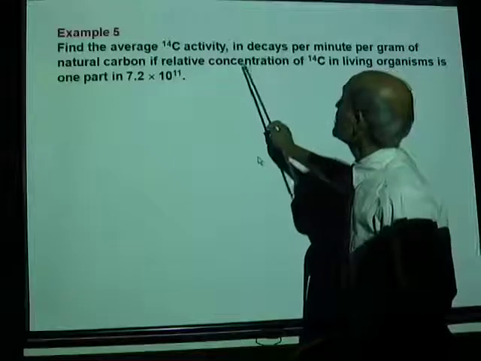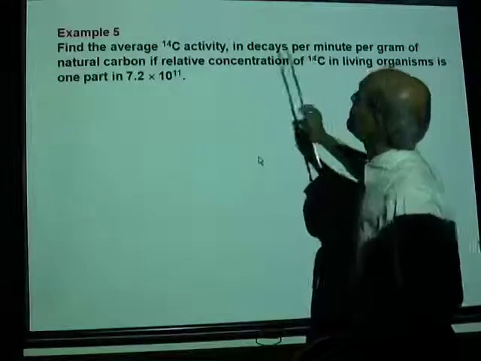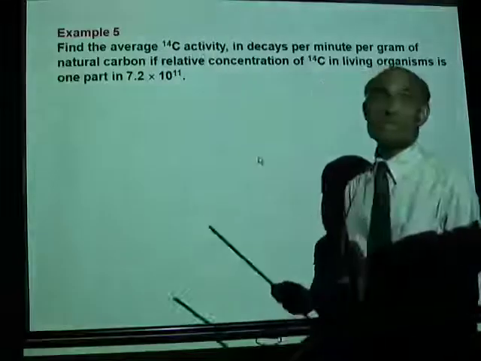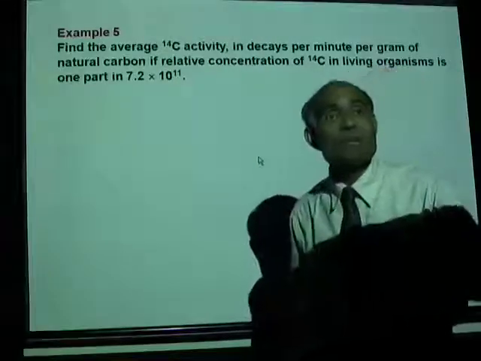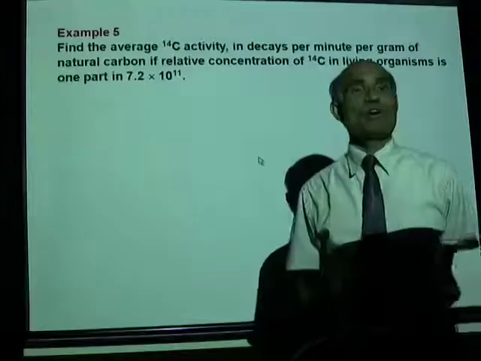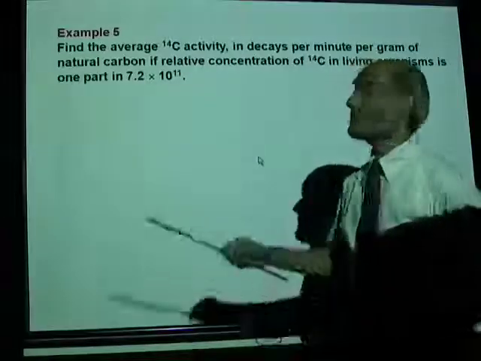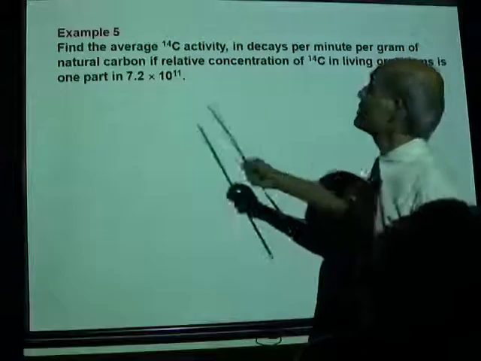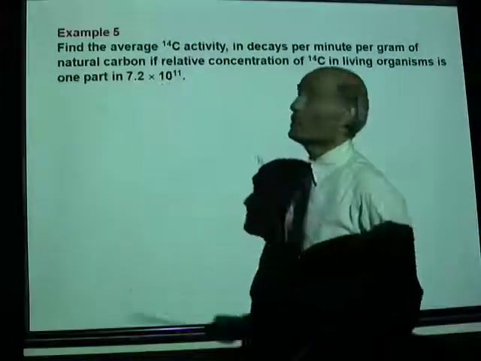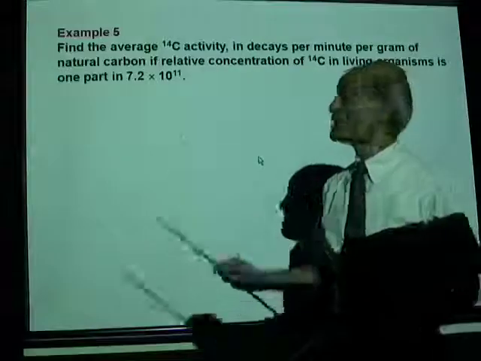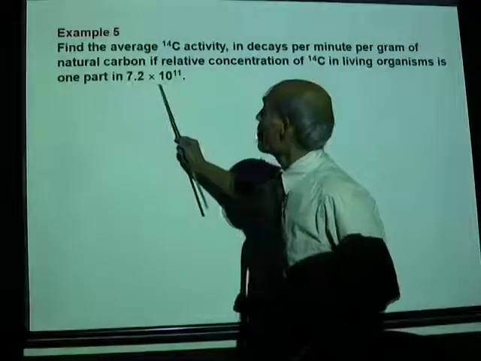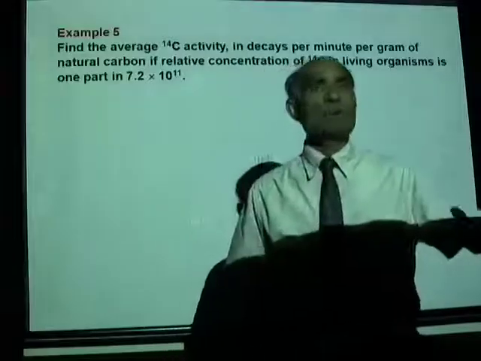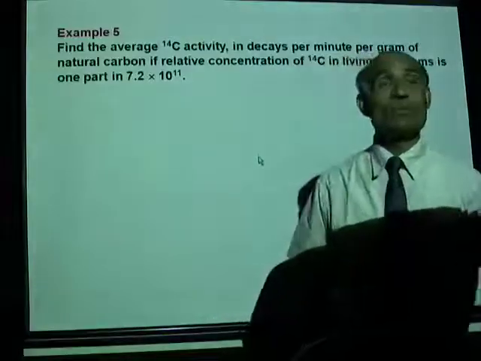We need to find the average carbon-14 activity in decays per minute per gram of natural carbon if the relative concentration of carbon-14 in a living organism is this. That means for every 7.2 times 10 to the power of 11 of normal carbon, there will be 1 carbon-14 atom.